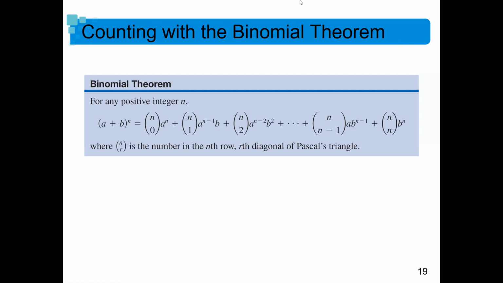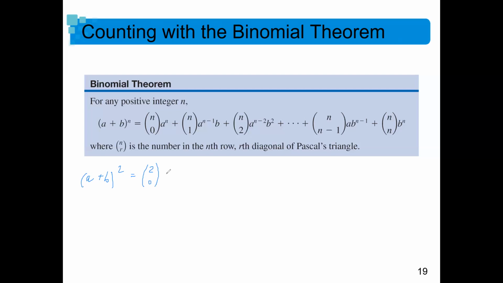For example, we have (a + b) cubed, (a + b) squared. Let's start with squared, right? So (a + b) squared, we know that's a squared plus 2ab plus b squared. We memorize this, right? But if we use the binomial theorem, what we first do is write down the first element of the second row in Pascal's triangle, that is 2 choose 0.